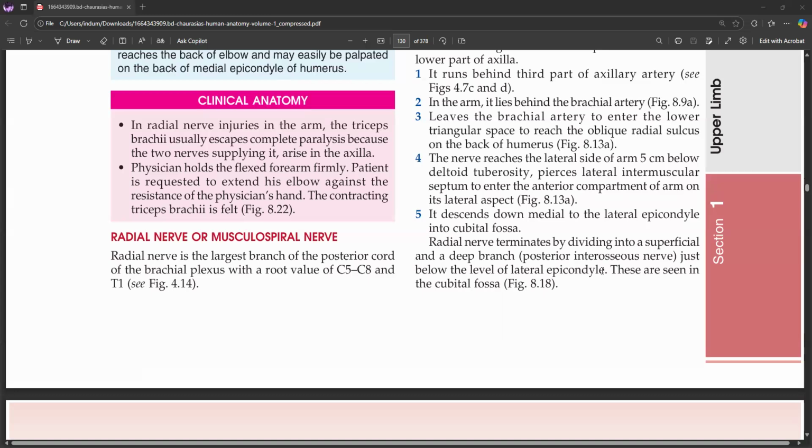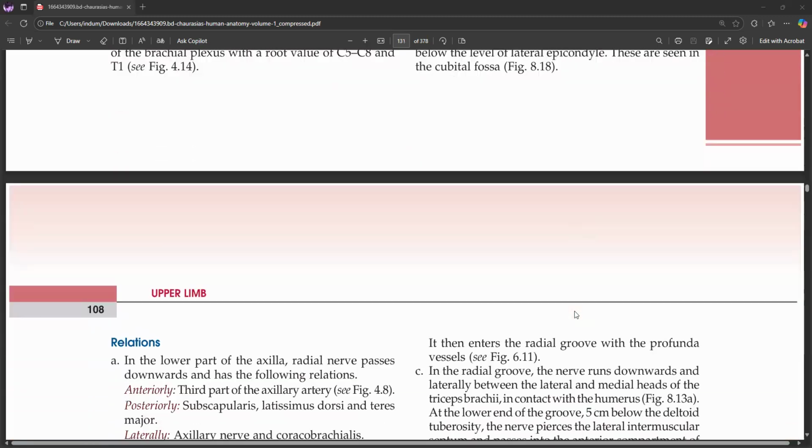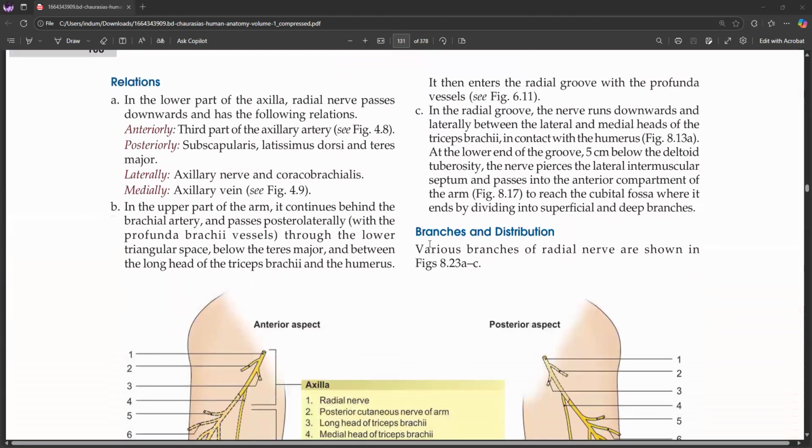Number 5, it descends down medial to the lateral epicondyle into the cubital fossa. Radial nerve terminates by dividing into a superficial and a deep branch, posterior interosseous nerve, just below the level of lateral epicondyle. These are seen in the cubital fossa, figure 8.18.